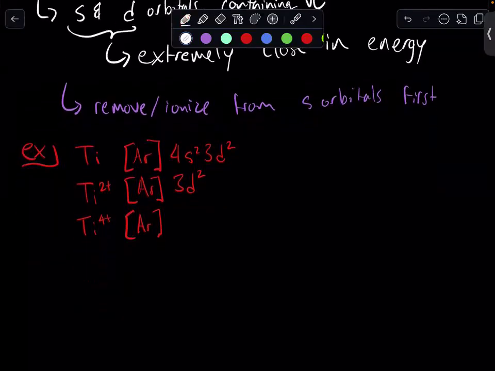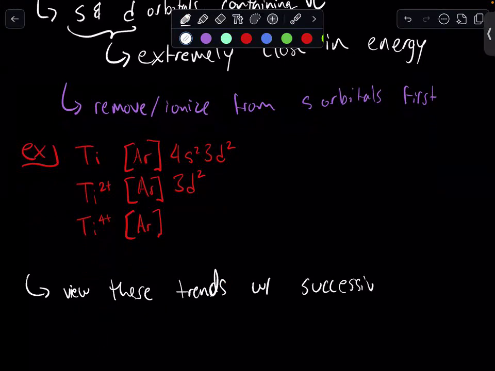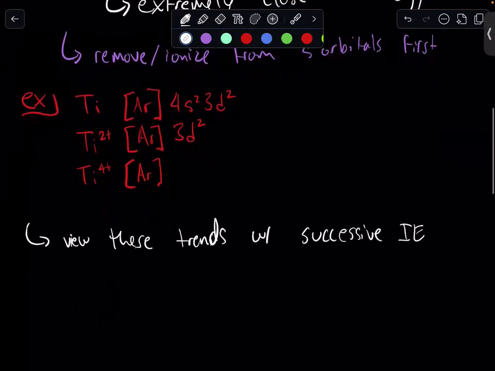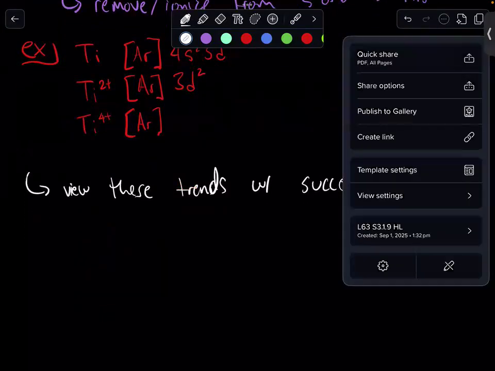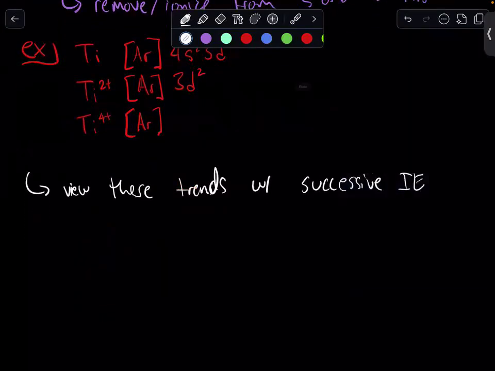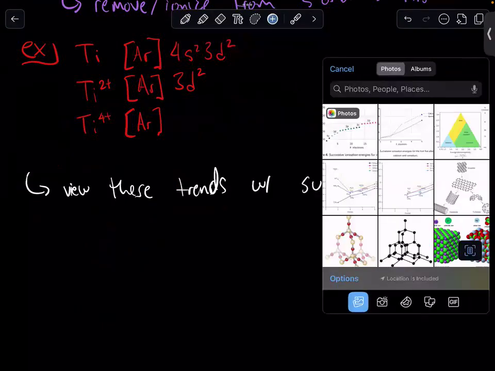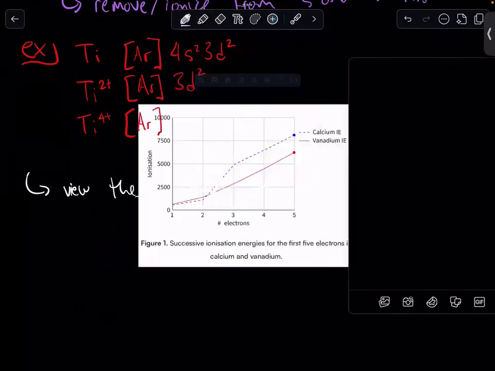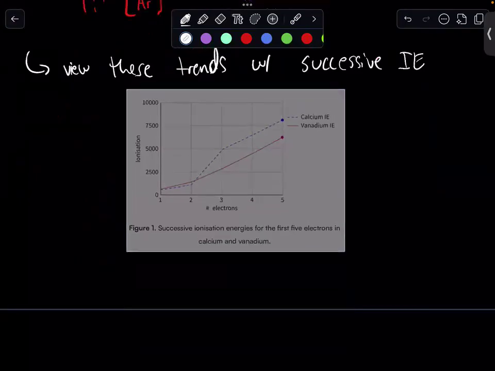As I mentioned earlier, we can view these trends with successive ionization energies. That's where we look at the ionization energy of removing 1 electron, 2 electrons, 3 electrons, 4 electrons, etc. I took some pictures from the Cognity textbook.